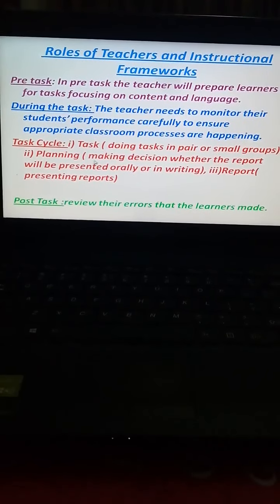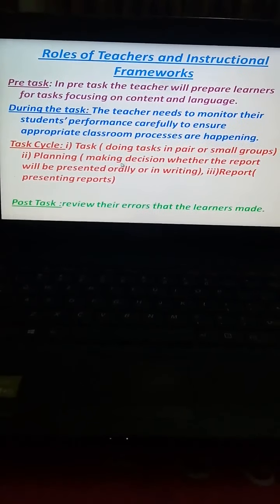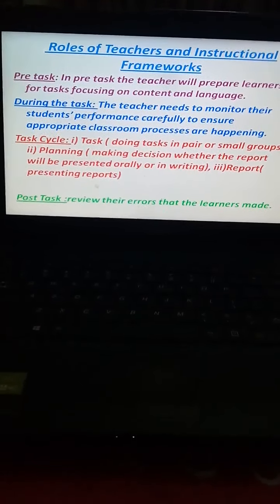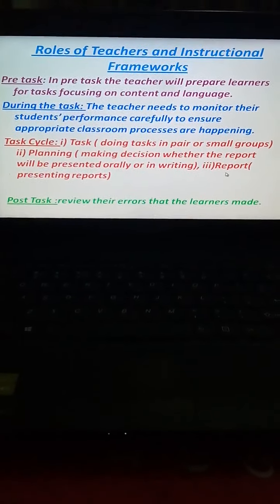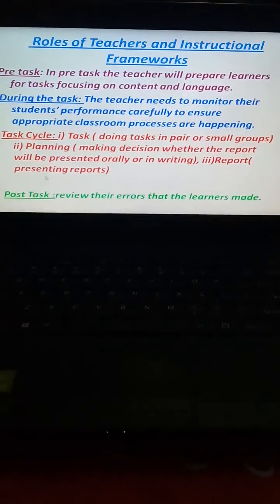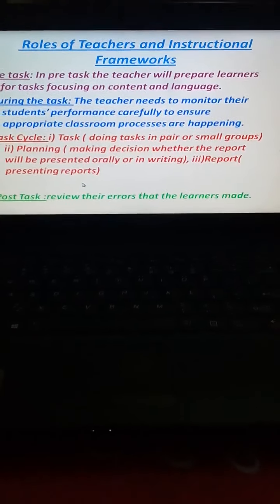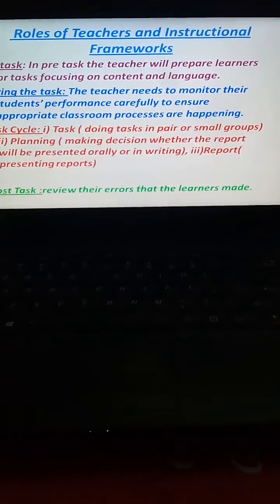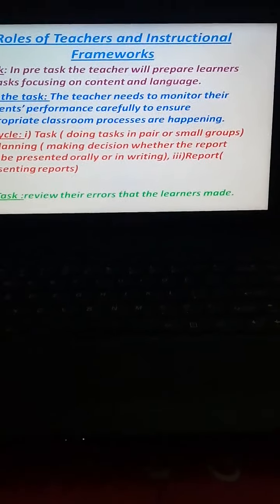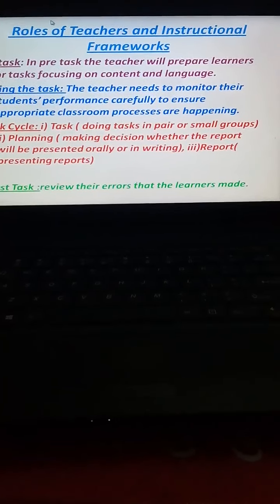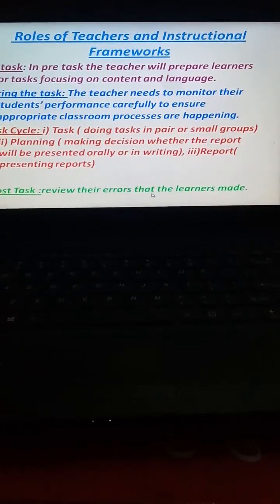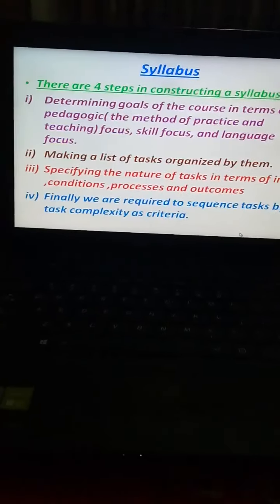In planning, making a decision whether the report will be presented orally or in writing. In report, presenting reports before the peers or groups or before the teachers. In post-task, the teacher reviews the errors that learners made.